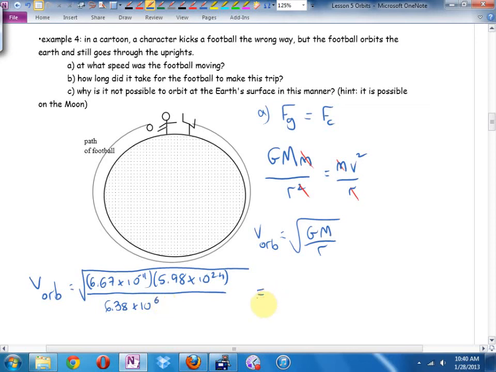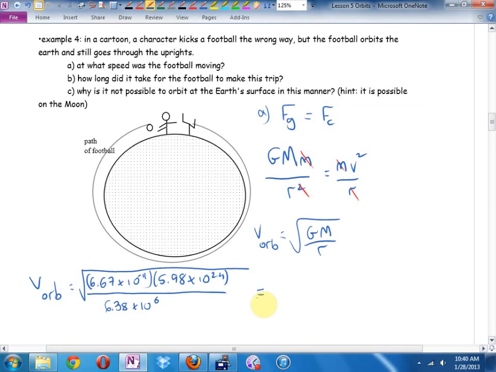Again, there's a good chance for you to practice with your calculators. I'm trying to remember, I think you get an answer right around 8,000-ish, just below, if I recall. And again, don't square it at the beginning.